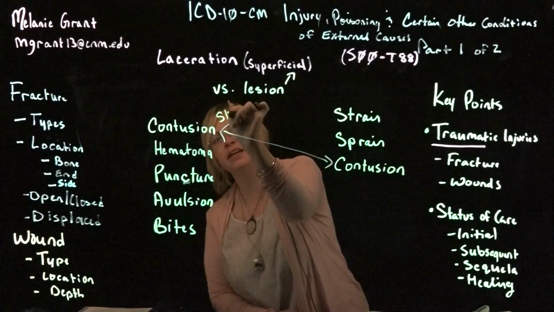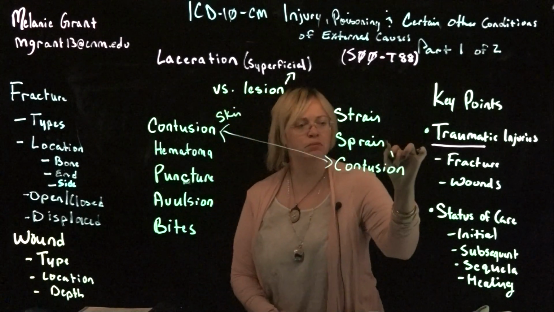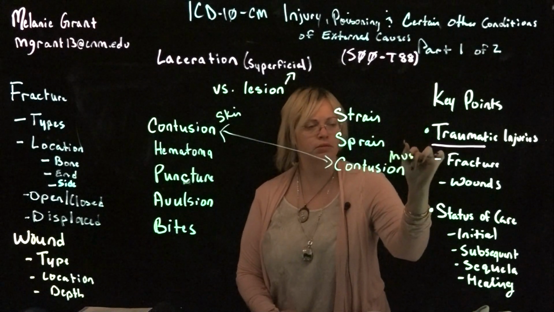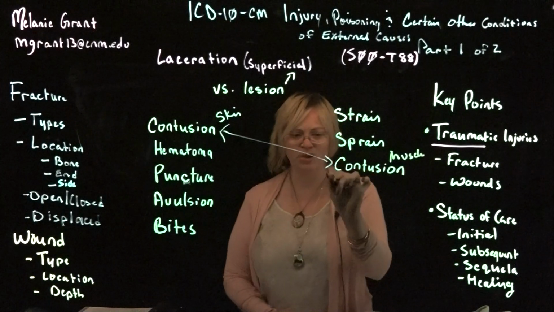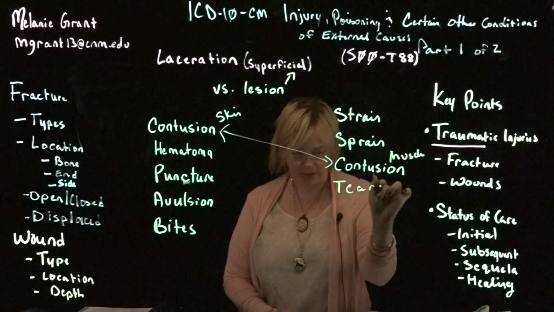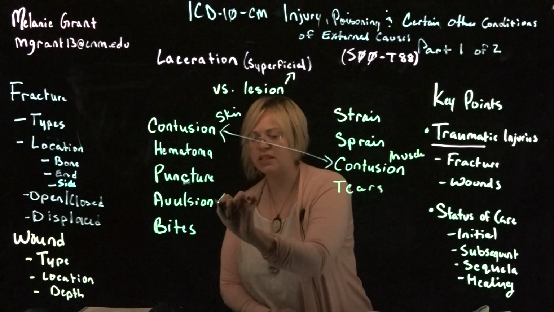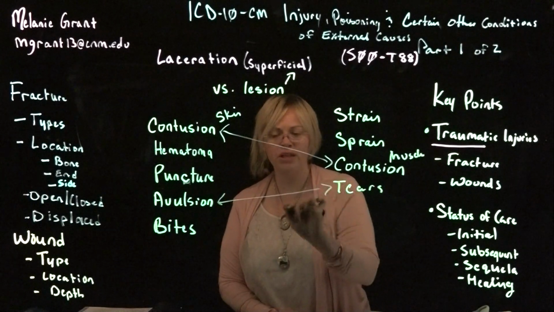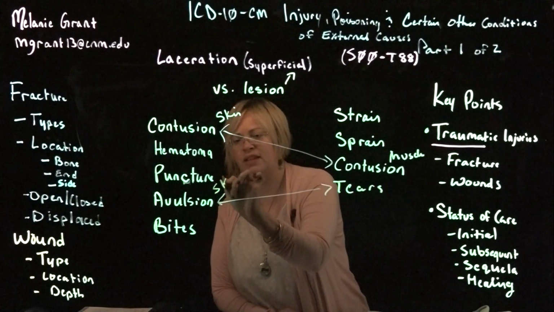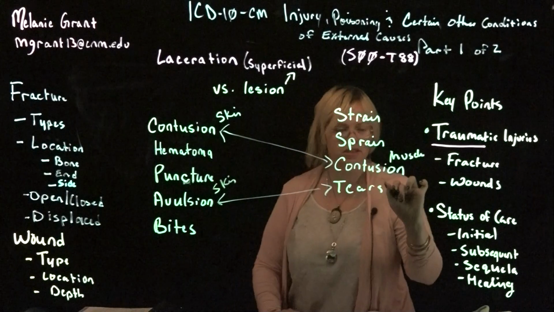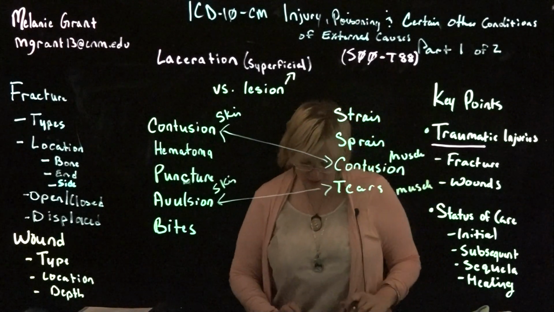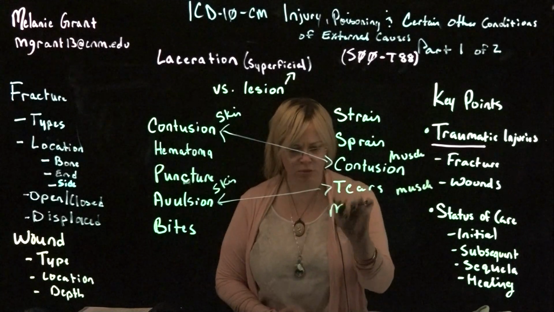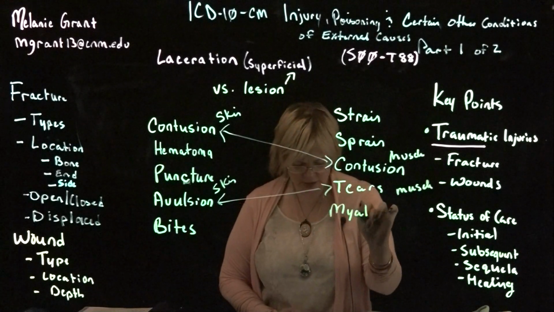One is of the skin and one is of the muscle, depending on how deep it goes. You have tears, and again, you want to pay attention to what the layer is. So you have tears of the layers of the skin versus of the muscle.